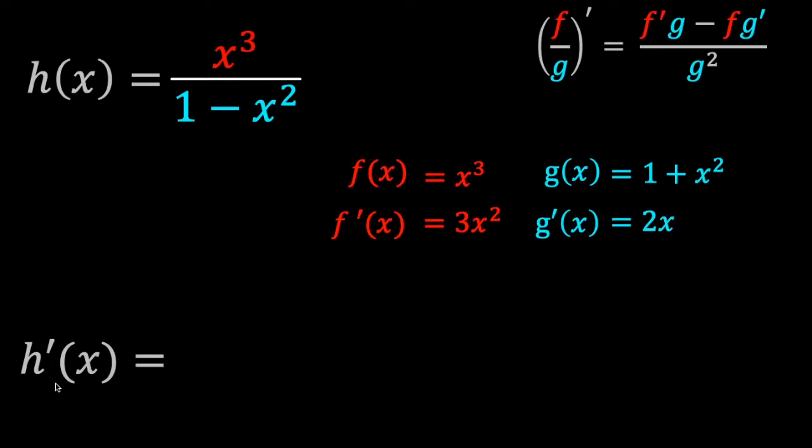And now what do we do? We write down proudly the derivative of h, and we just plug it into the equation up here. Let's draw a nice big line, and we start from the top.